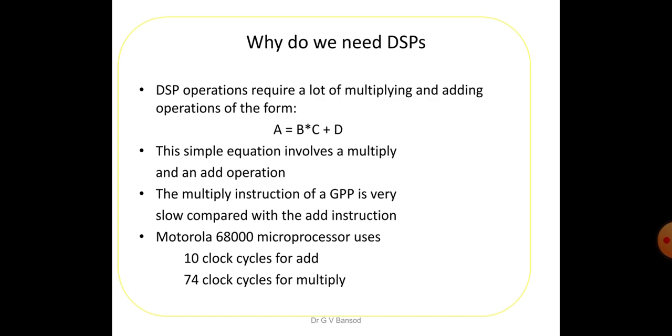For example, A is equal to B multiplied by C plus D. If we execute this in a processor like the Motorola 68000, it requires around 10 clock cycles for addition and 74 clock cycles for multiplication. Whereas my DSP processor can execute this in a single clock cycle.